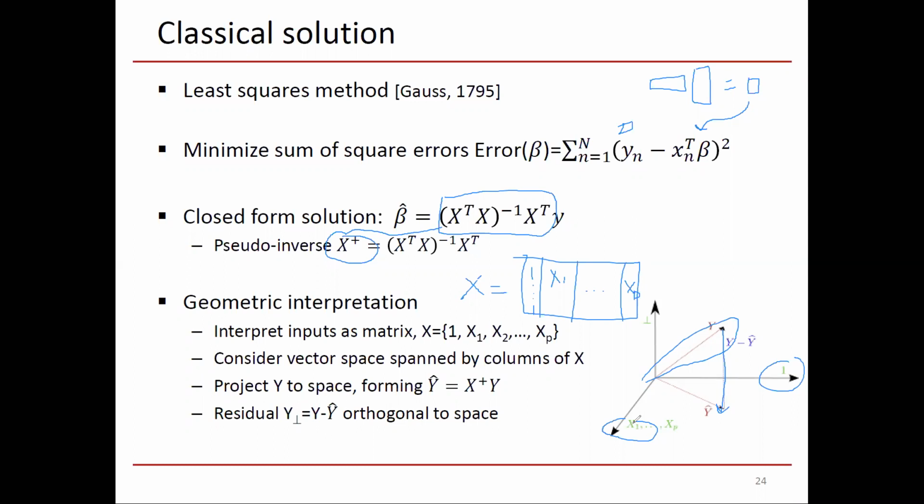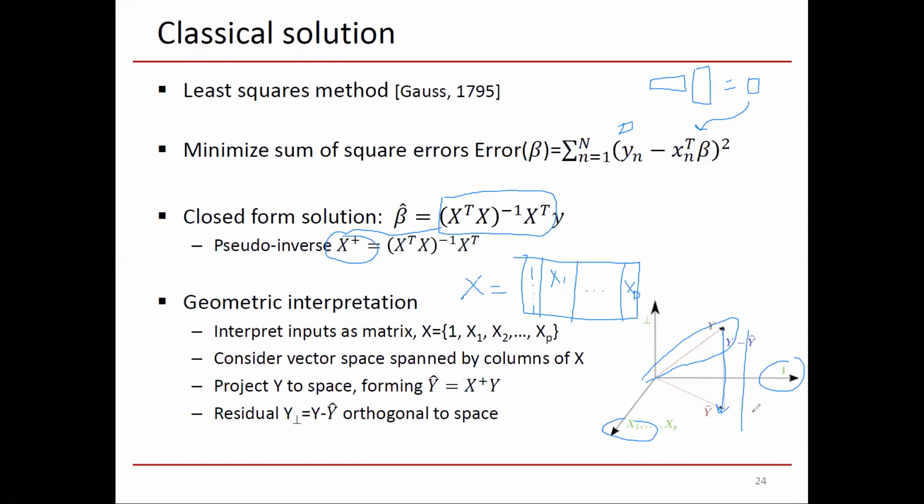So projecting meaning we go from y to y hat, where y hat is the closest point in the entire space, which is spanned by the columns of x. All right. Now it turns out that y minus y hat is orthogonal to the span space.